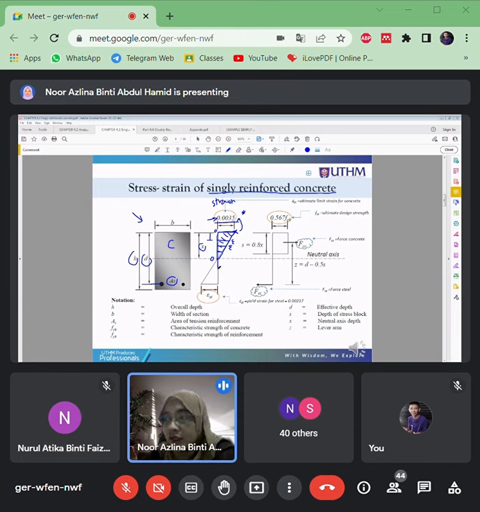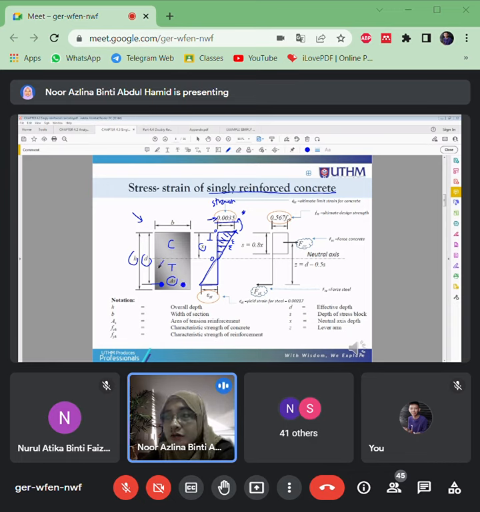Okay, then the bottom one, this tensile stress here, will be resisted by the tension reinforcement. Okay, again, concrete is not very good in tension, so that's why we need this kind of material, which is steel, because steel is very good in tensile strength.